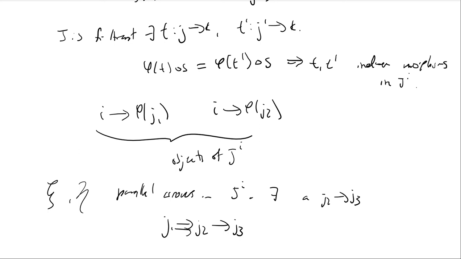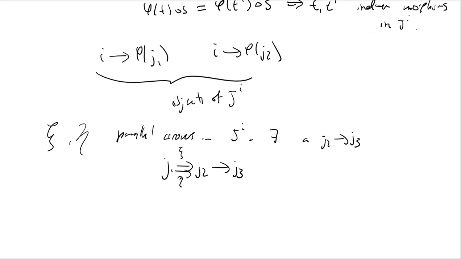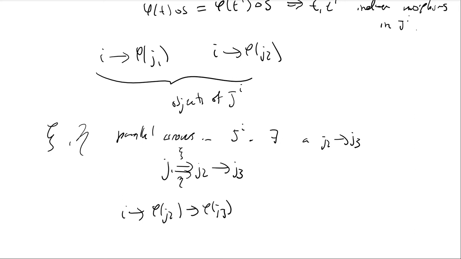And, oh, I guess I could label them. However, this means that the composition, which goes I to phi of j2 to phi of j3, must also define an object of J upper I by just ignoring the middle entry.